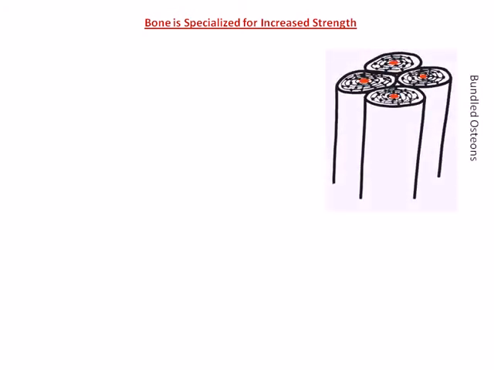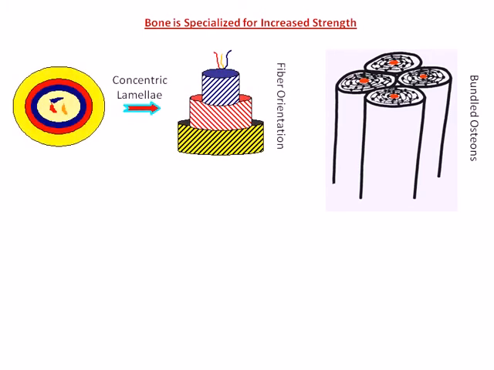The bundled nature of the osteons allow for a summation of strength. Not only is the bone matrix hard, it is reinforced by collagen fibers in the lamellae, and not only are the collagen fibers present, they are arranged in patterns that help the bone resist torsion forces.